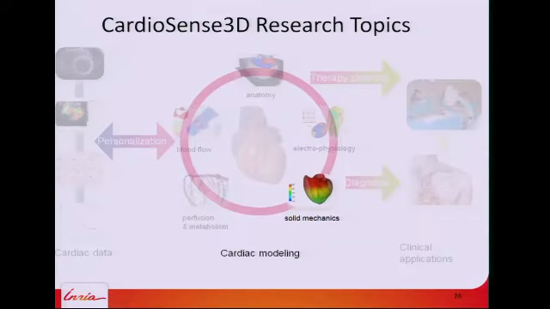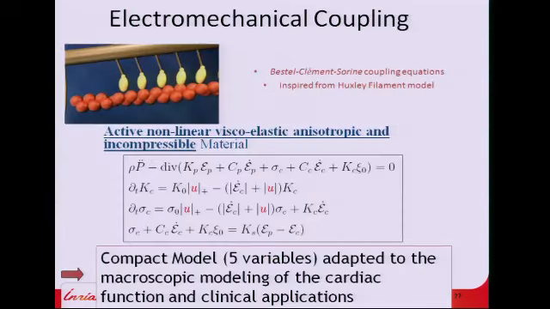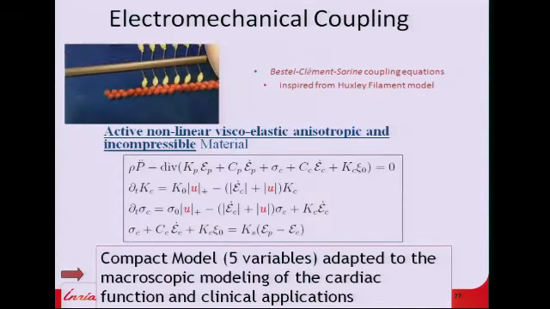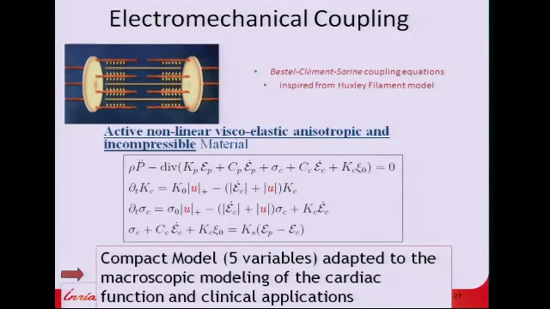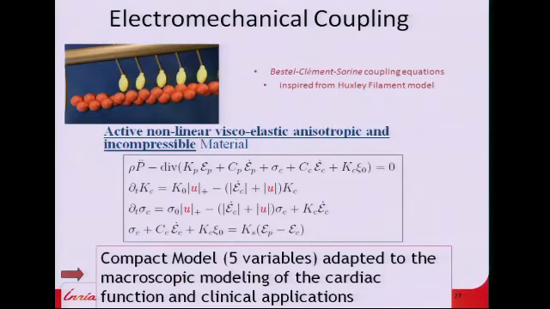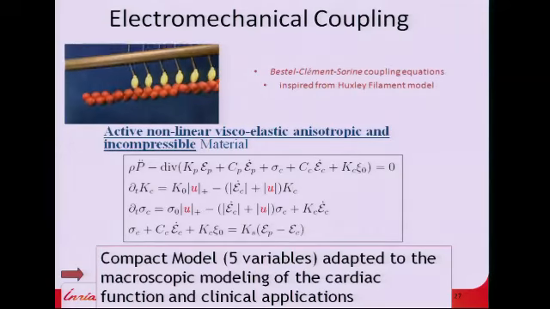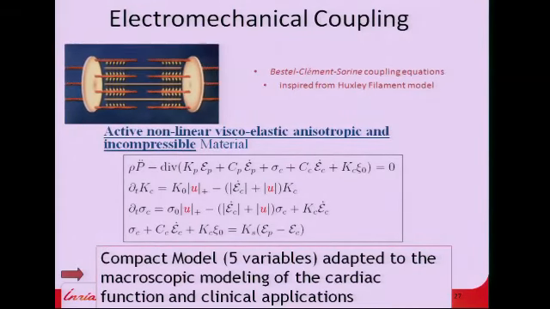Now I'm moving to a brief description of cardiac mechanics. An important piece here is the coupling between the electrophysiology and the mechanics. There have been different approaches, but we have developed with our colleagues at Rocquencourt a compact model. You can recognize here U, which is the action potential shown previously, and now sigma c is the stress acting along the fiber direction.